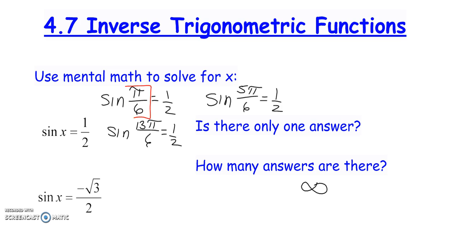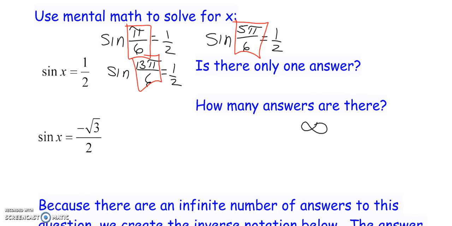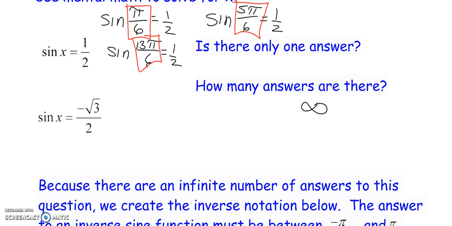If you can answer these questions, then you have the basics for sine inverse, because we'll talk about that in a second. Here's a very similar one: the sine of what is equal to negative radical 3 over 2? On the unit circle there's two answers, although again there'd be an infinite amount.